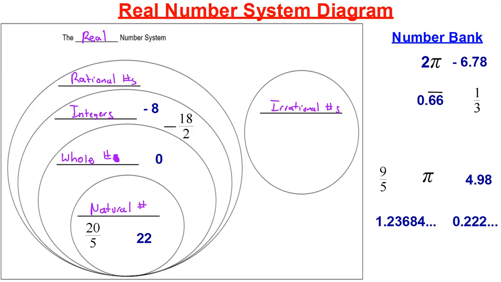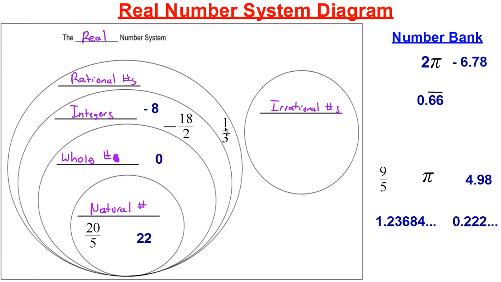Okay. Next, let's take a look at these rational numbers. So remember, rational numbers express numbers in the form a over b. So that's mainly your fractions that either terminate or go off in a predictable pattern. So we definitely have 1/3 here.